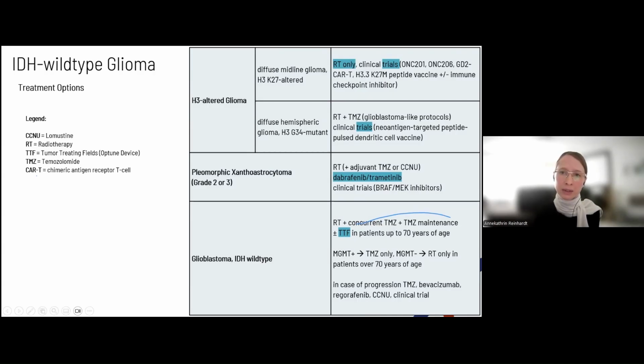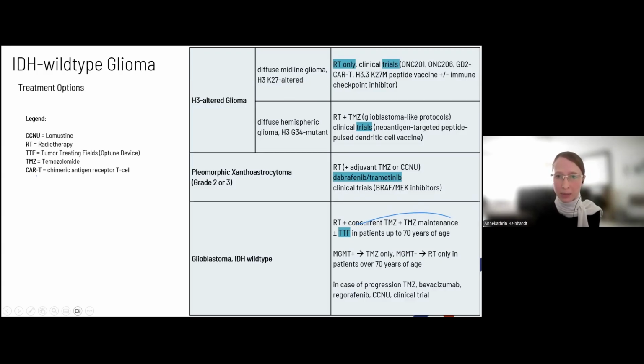this entity with new agents that are tested, like ONC201, ONC206. Then there is GD2 as a tumor-associated antigen, which can be stained via immunohistochemistry, and against which CAR T cells can be applied, and also the alterations which are often the same in this entity.